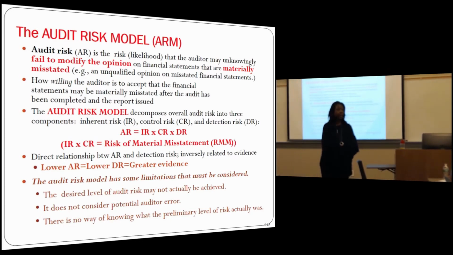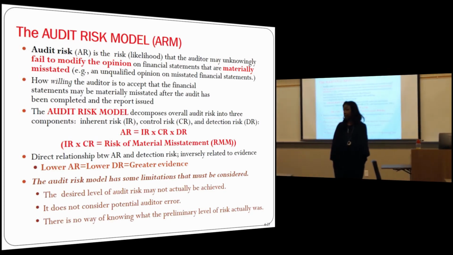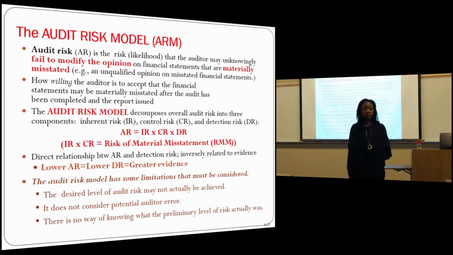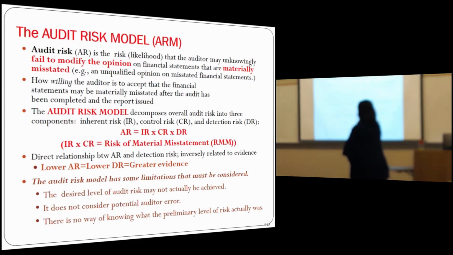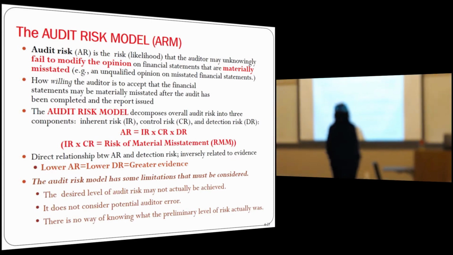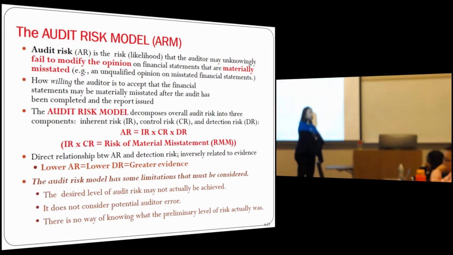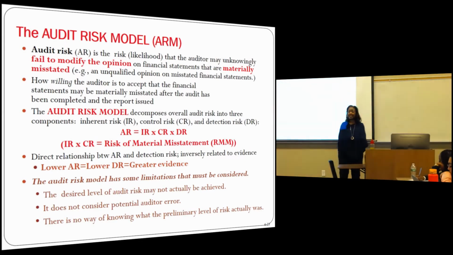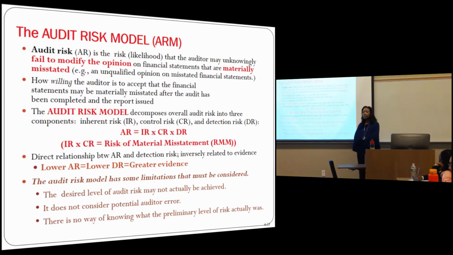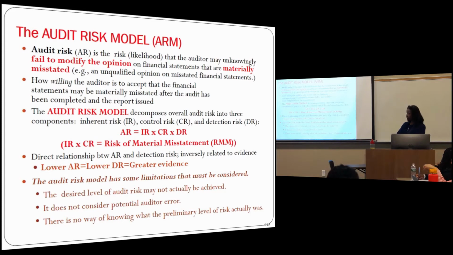Those risks are generated based on the client's environment: the client's financial statements, the client's company, the industry they operate in. The auditor has no control over these things, so they just assess that risk. So it's important to recognize that the risk of material misstatement represents inherent risk and control risk, and those are client-generated risks.